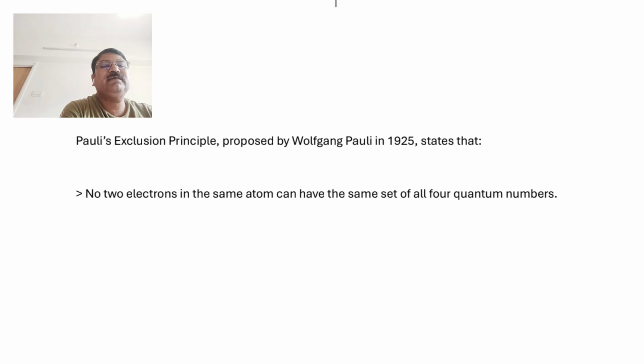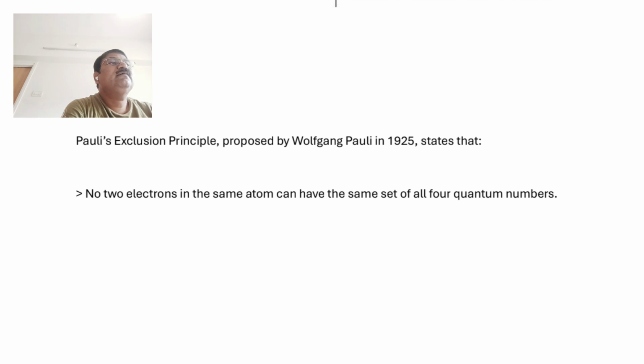Very simple and easy statement given by Pauli as an exclusion principle. That means if there are 2, 3, 4, 5 electrons, no two electrons in the same atom can have the same set of all four quantum numbers.